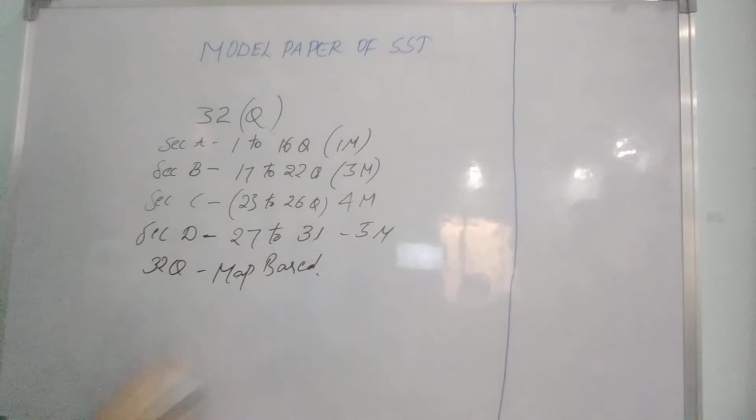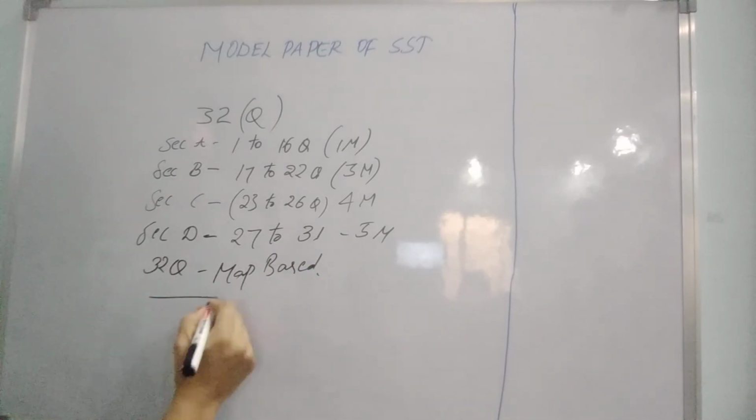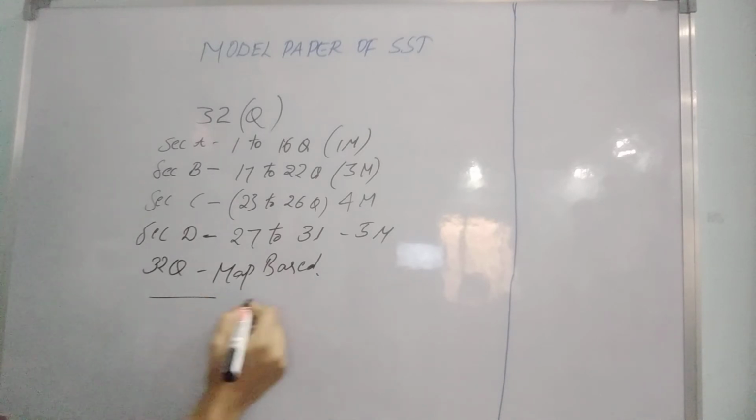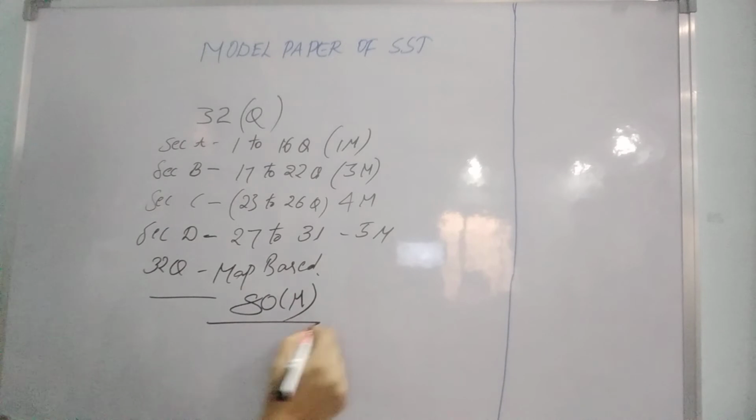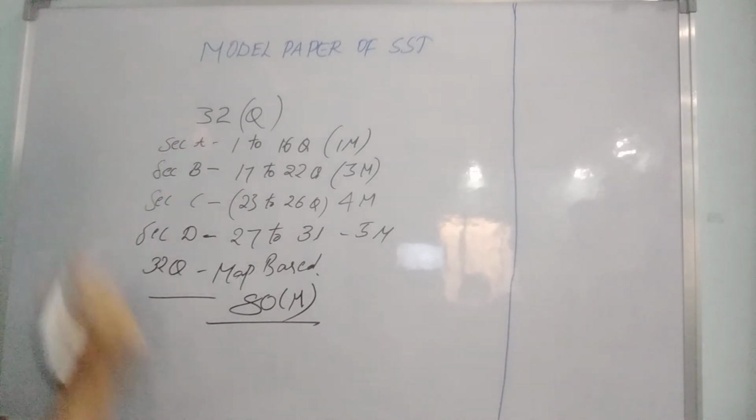It will come as a map question. The total social studies paper is 80 marks.